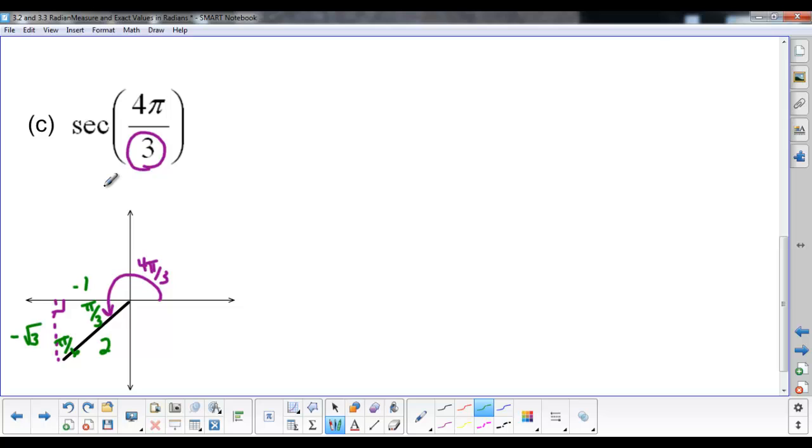Secant is the reciprocal of cosine. So if our cosine ratio was x over r, our secant ratio is going to be r over x. And now we just take our values from our diagram. So our r value is 2 and our x value is negative 1. So our final answer would just be negative 2.